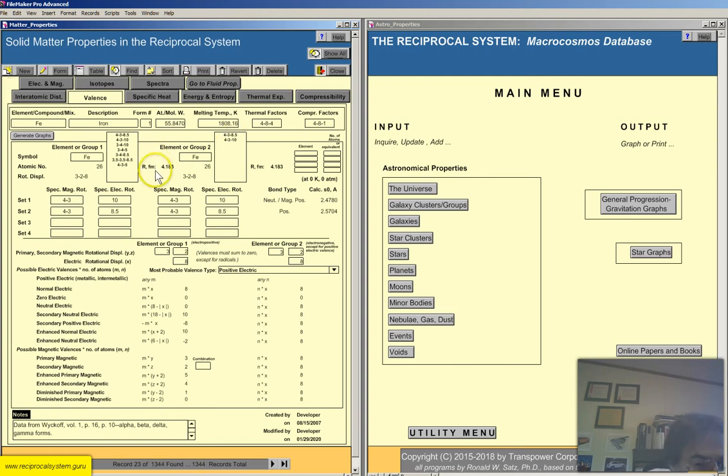By the way, this is the radius in femtometers. The atom in the reciprocal system is the same size as the nucleus of the atom in conventional theory, so just keep that in mind. So we don't have to postulate things like neutron stars, because in fact so-called neutron stars are really composed of atoms, because the atom is really no bigger than the size of the nucleus in conventional theory, so there's no problem there. Alright, so let's look what else we have.